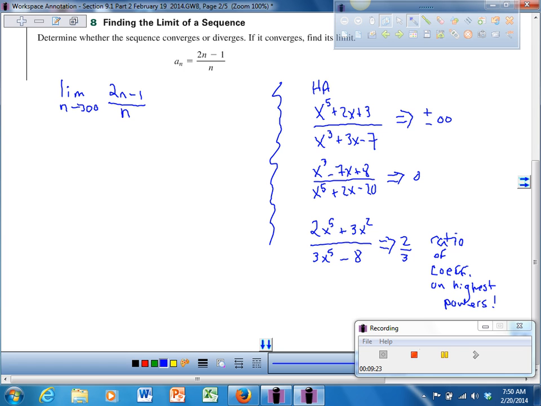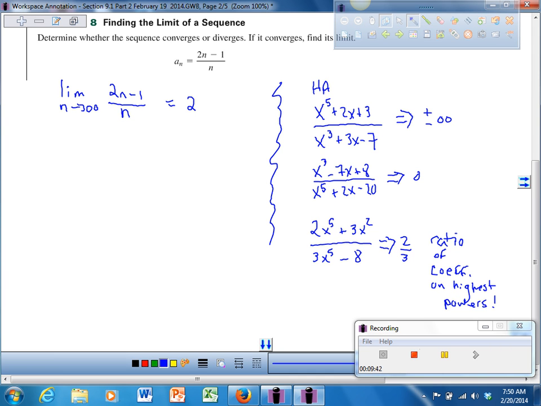Okay? So given this little reminder of pre-calc, if I'm taking the limit as n goes to infinity, it's just like finding a horizontal asymptote. What will this one approach? It will approach 2. Does it converge?